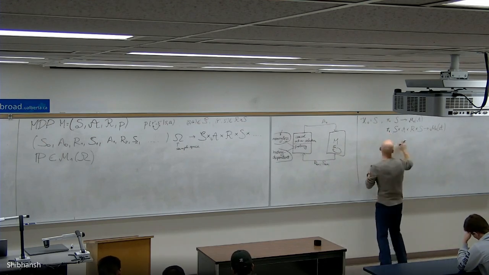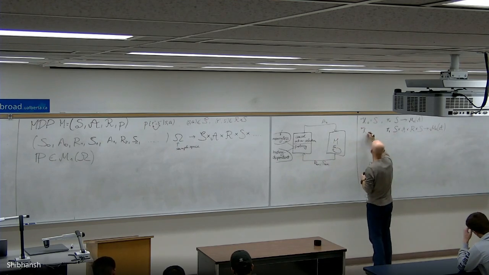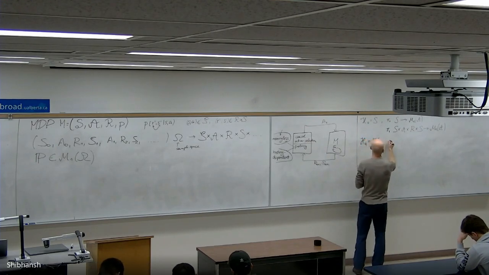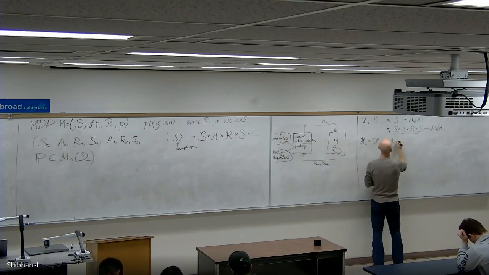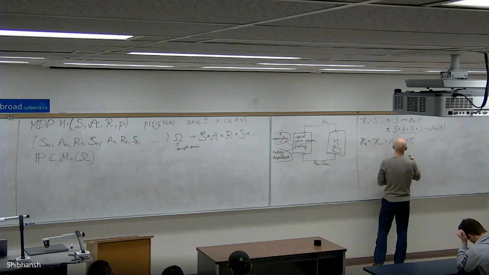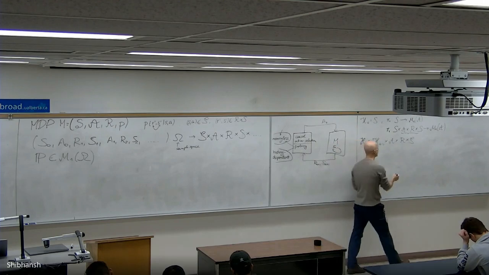So now this product space is getting longer and longer. So I better introduce some more organized notation. So I'm going to call H_t the space H_{t-1} cross whatever I wrote here: the action, the reward, and the state space. So this history space grows.